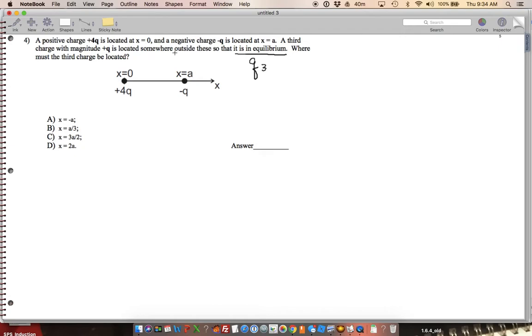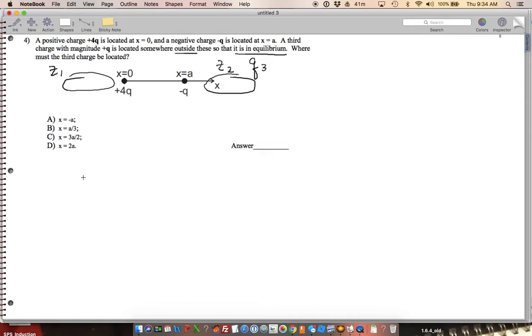And it's saying outside. So I'm going to put it either in this location or in this location. I'm not going to put it in between because it's saying outside. So I'm going to think about the two possibilities. I'll call this zone 1 and this zone 2.